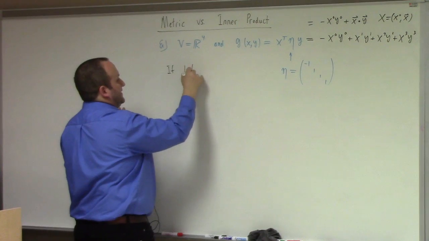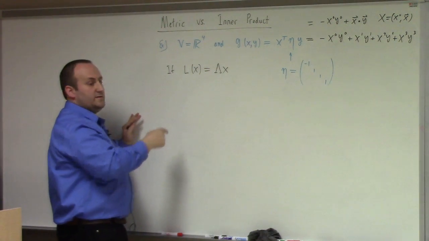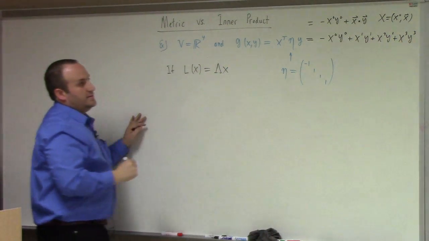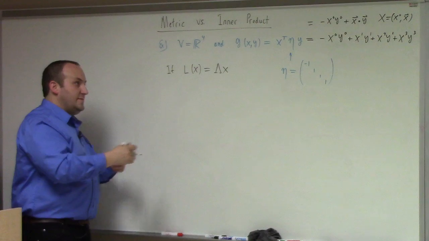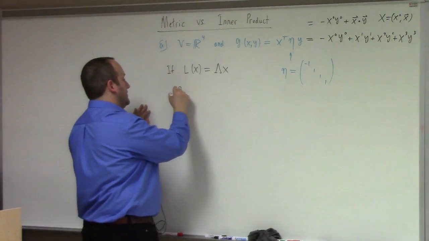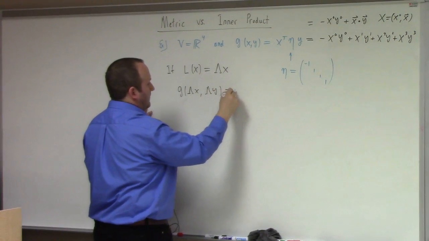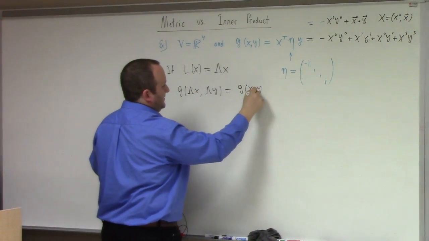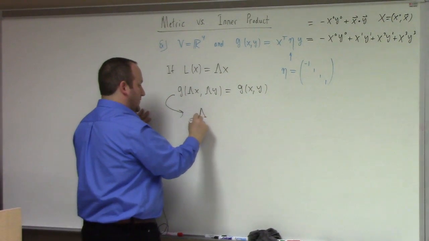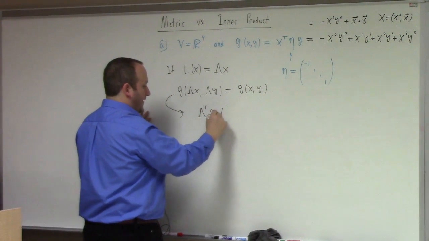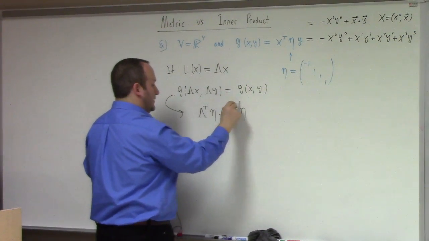Traditionally we say something like this, L of x is equal to lambda x. The condition for this to be an orthogonal transformation that respects the Minkowski metric is g of lambda x, lambda y equals g of xy. But that just translates by the theorem to lambda transpose eta lambda equals eta again.